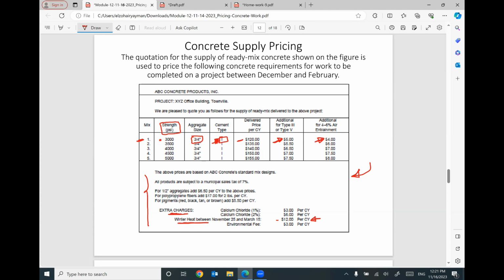That makes sense? And also we have an extra environmental fee of $3 per cubic yard. This is mandatory, whatever the time. And if you would like to add calcium chloride with a percentage of 1%, 2%, we have extra cost. And keep in your mind, we have tax. So all of these are extra cost. You have to consider them when you are pricing concrete as a material.